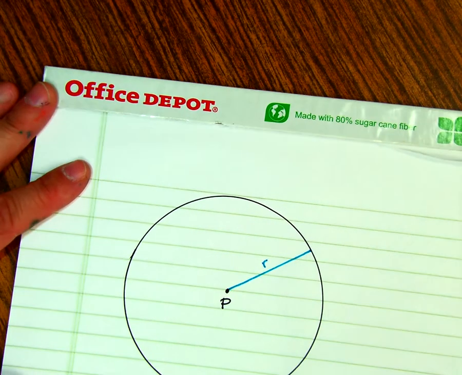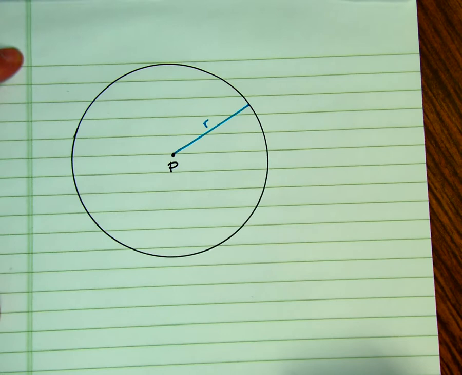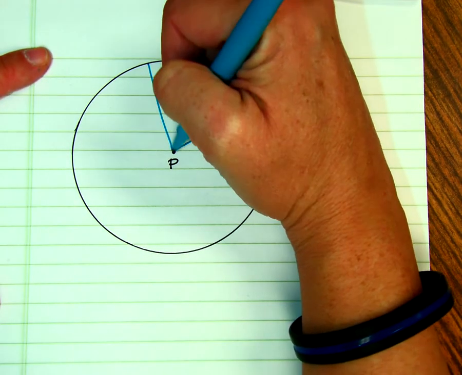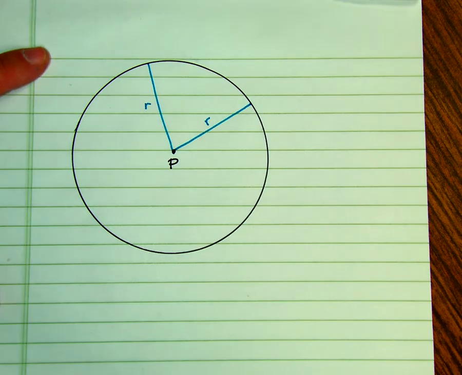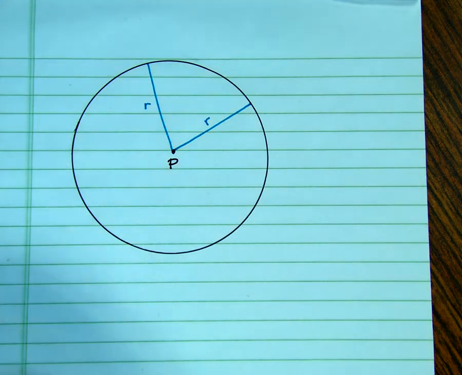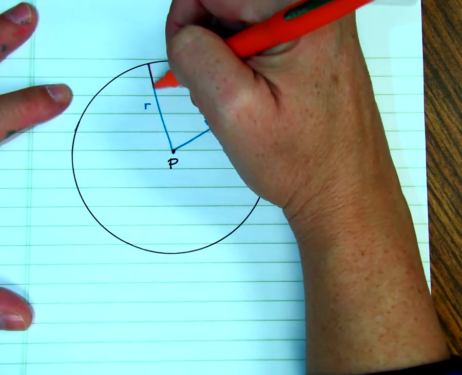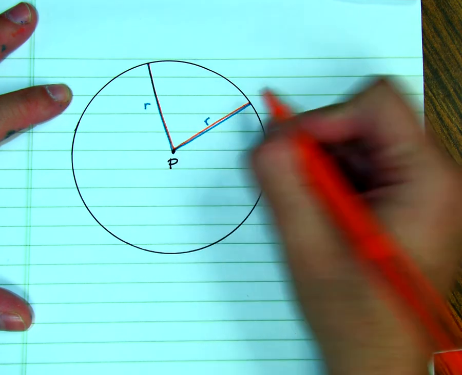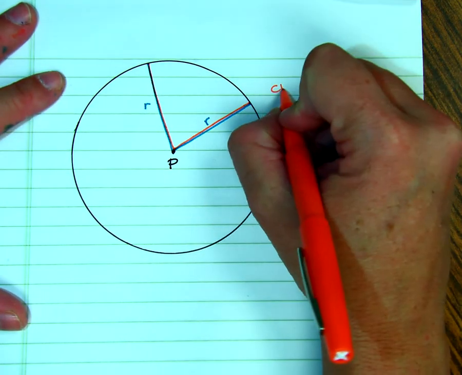I'm going to label it small r. If I have another radius, so I have a radius and a radius, this actually forms an angle. So this is called a central angle.